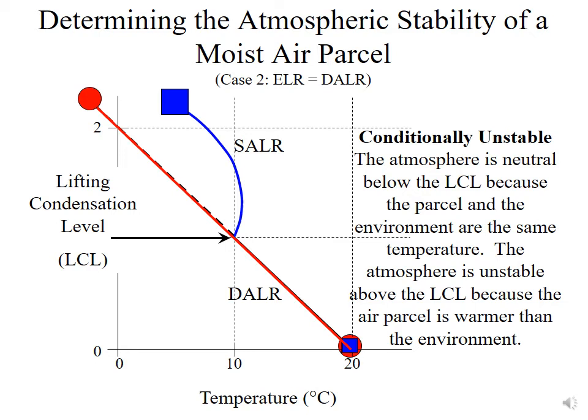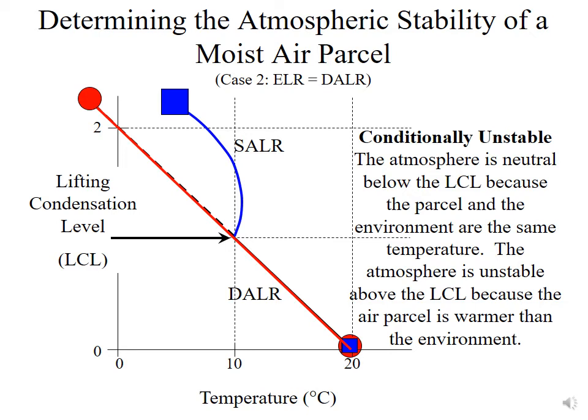Why is it conditionally unstable? Well, the atmosphere below the lifting condensation level in this example is neutral because the air parcel has the same temperature as the environment. But once you hit the lifting condensation level and move beyond that, the air parcel is going to be warmer than the environment, which means that it's going to spontaneously rise and it will become unstable.